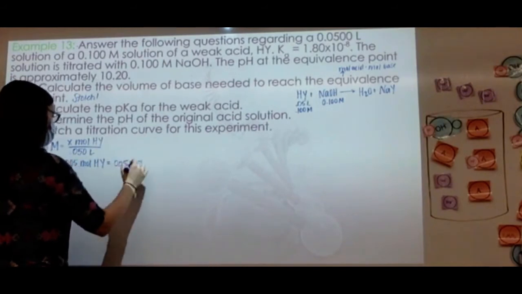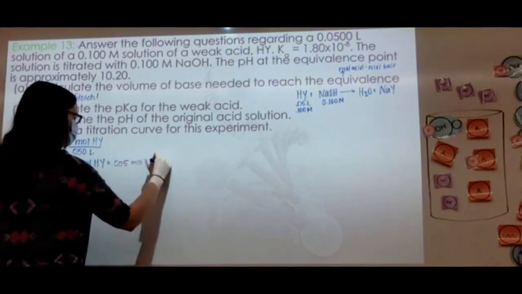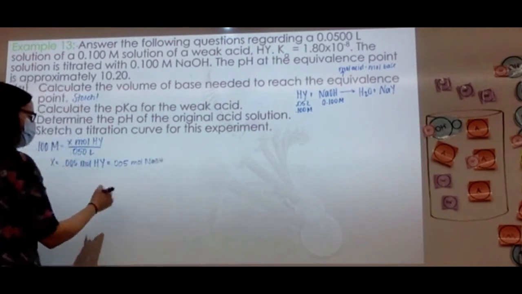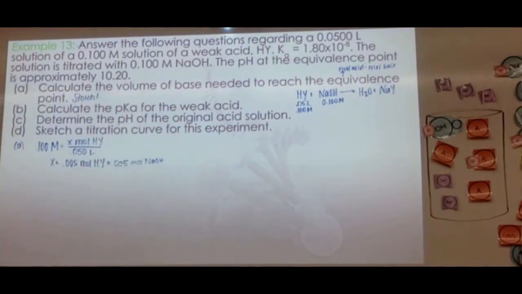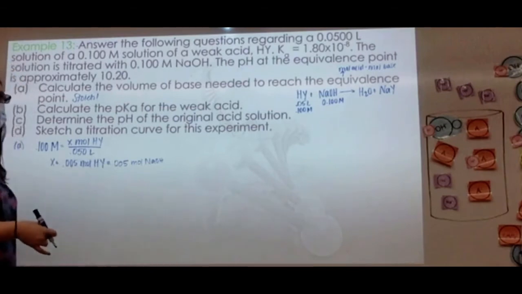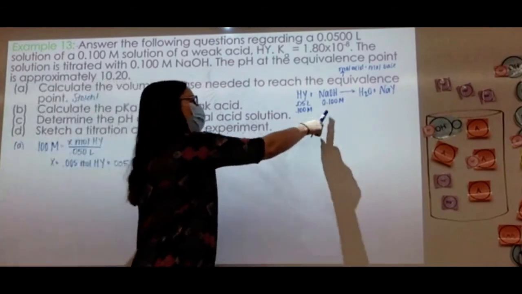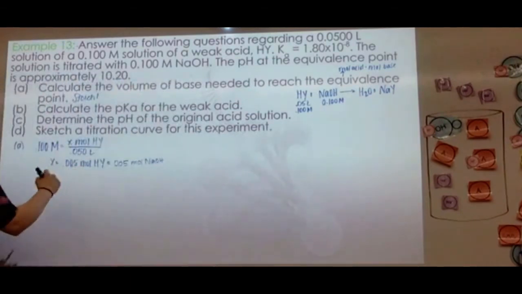So this equals 0.005 moles of NaOH. They are equal because we are at the equivalence point. The definition of the equivalence point is when the moles of acid equals the moles of base. It's completely neutralized. Well, now if I have the moles and the molarity of NaOH, I can figure out the volume.